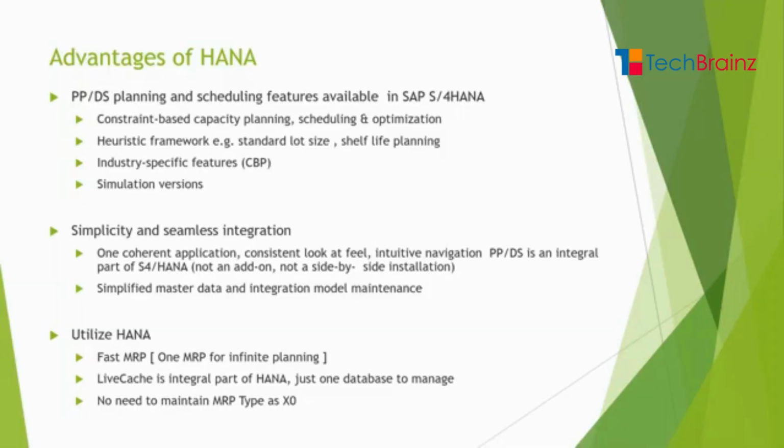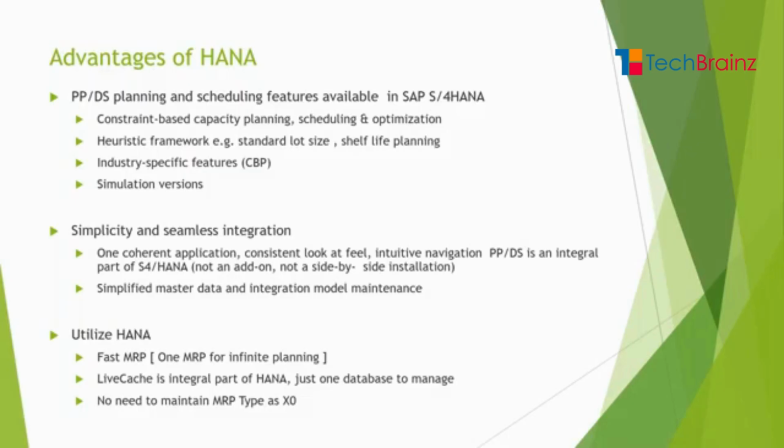Then MRP type. Those of you from a PP background would know that for APO, SAP earlier offered the MRP type X0, for products which are planned using the external system. All the products which have to be planned using APO had to be marked X0.